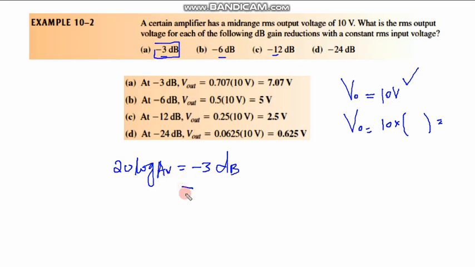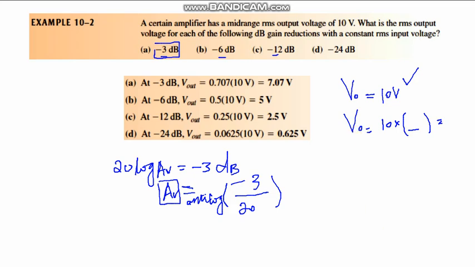So if I want to find the corresponding ratio, which is the voltage gain ratio, I need to have minus 3 divided by this 20, and then I need to find the anti-log of this ratio. If I do this, I would get this AV, and then I can put this over here. So I will get a reduction in the voltage gain.